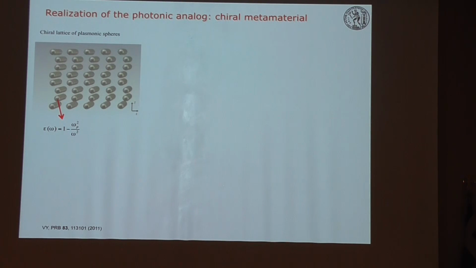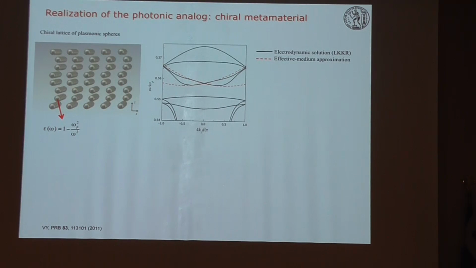This is a typical dielectric function for such a system. So this is the frequency band structure for the infinite crystal. These dotted lines are the effective medium result based on the previous slide I've shown you for a general chiral medium.